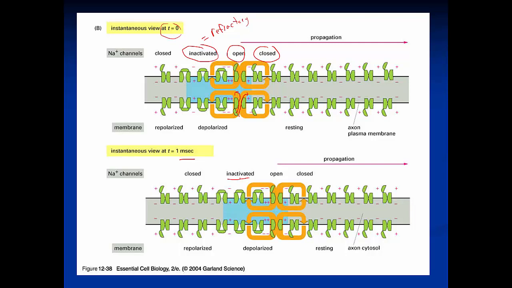They can't open at that moment. So there's a cycle. We're going to go closed, open, inactivated or refractory, then back to closed. What limits how quickly action potentials can occur is how long it takes these inactivated channels to become active again, to become just closed.